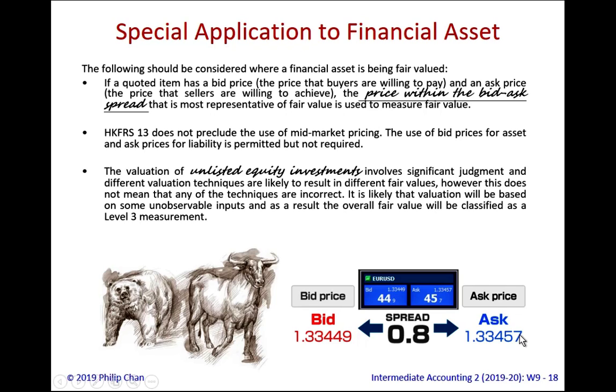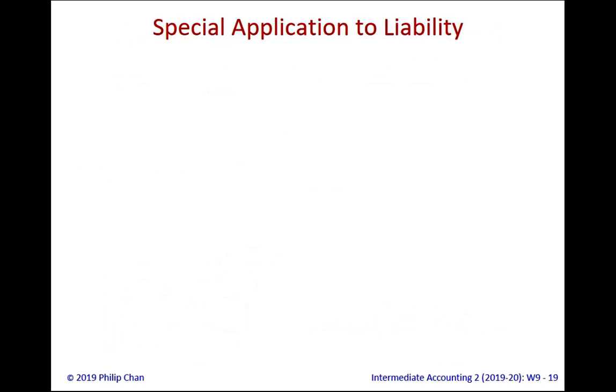So it creates a lot of different values, allowing the holder of the assets and liabilities to choose a value that in turn may result in profit manipulation. That's a problem, really.